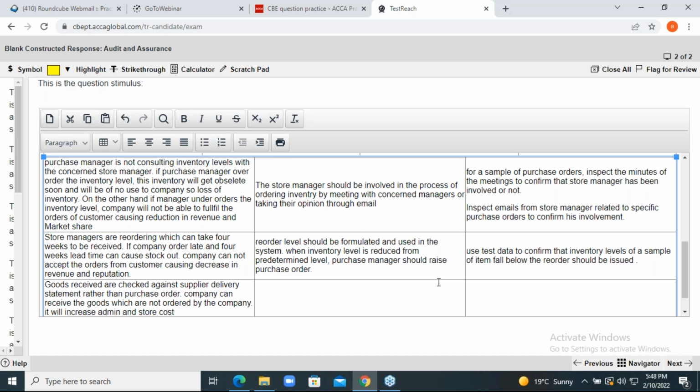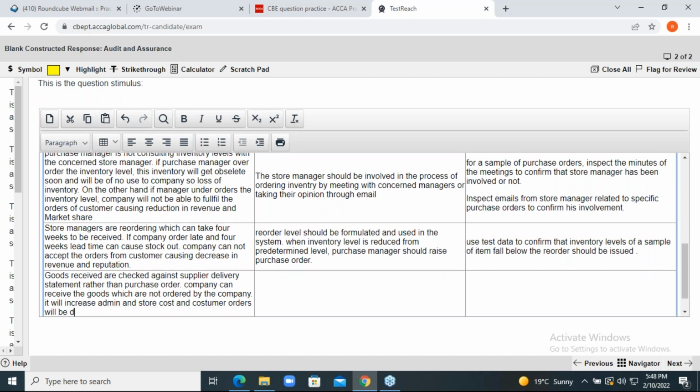It will increase admin and store cost, and customer orders will get delayed due to the time in returning the order and getting the right goods.